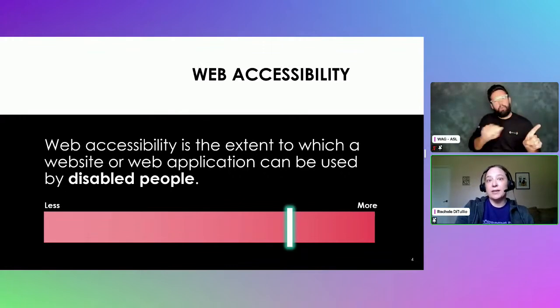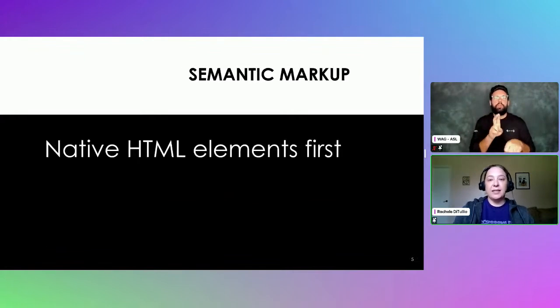So how do we make things that are usable and accessible? Well, we start with semantic HTML, semantic markup. And semantic markup means using native HTML elements first.